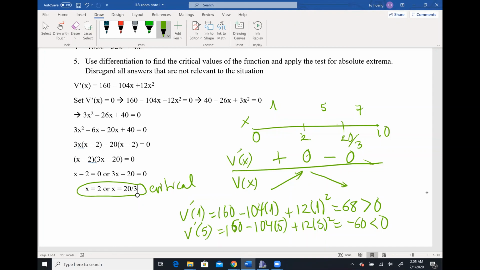So I know that this will be the maximum. And I don't even care about after this, because I'm looking for only the maximum. So I know that at 2, that will make the maximum of the volume.